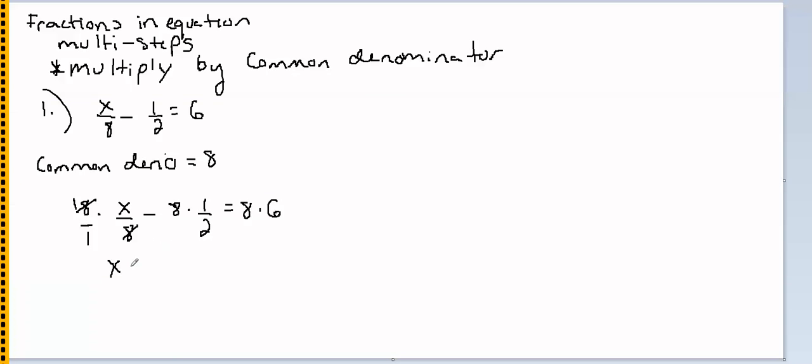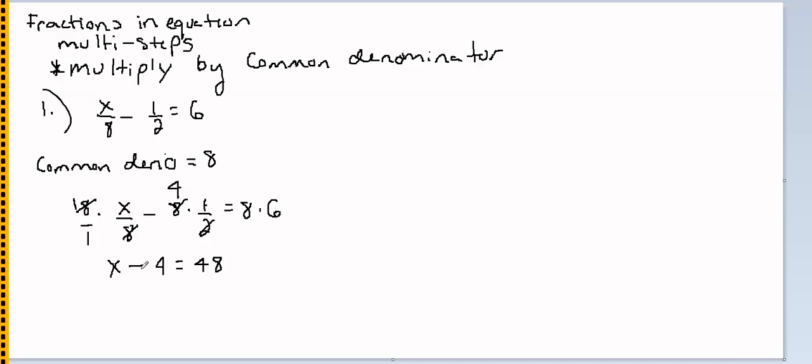And then 1 times x is just 1x or x. Yay! Then I still have this minus sign. 2 divides into 8, leaving me a 4, okay? 4 times 1 would leave me a 4 over 1, or 4. And the 8 times 6 is going to leave me 48. Okay, then from here, I have a much easier equation. So look at this.